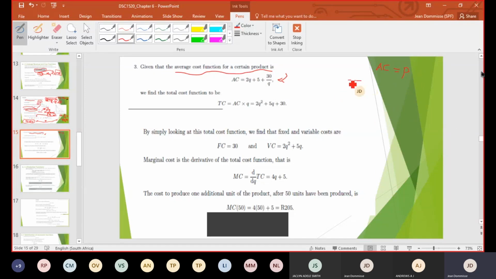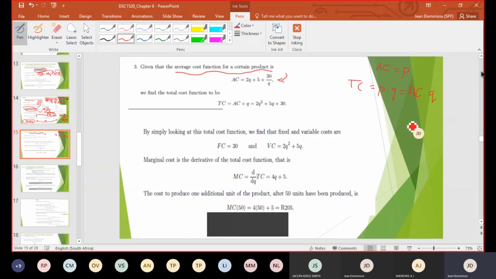So when we do total cost, we can say it's P times Q, like we always start off with. And in this instance, we know P is equal to the average cost. So we can say it's the average cost function times Q. And I think that again just shows the link between all of these things.